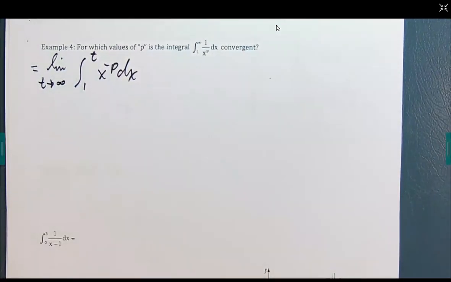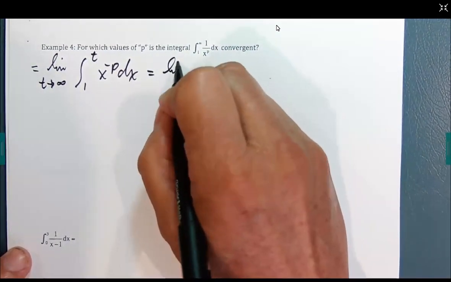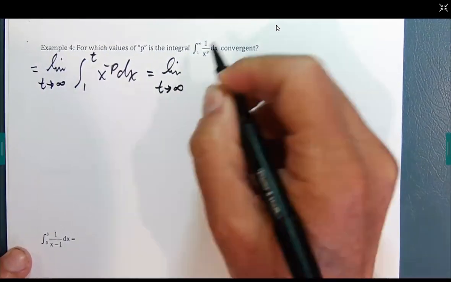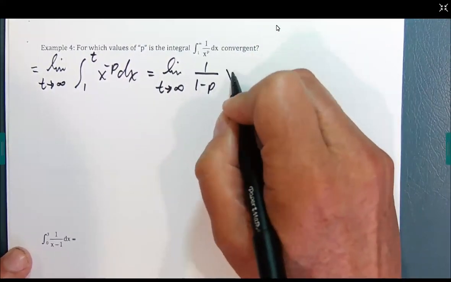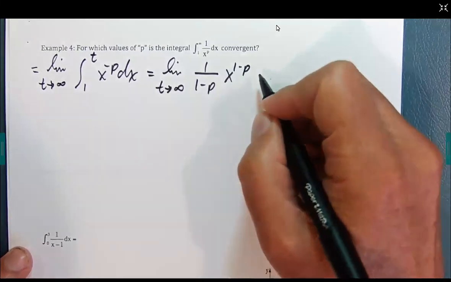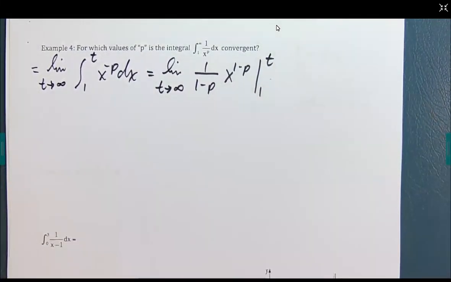Now, p is going to be a constant, a specific number. And we haven't even specified whether it needs to be an integer, or can it be a fraction or decimal and things like that. The reality is it can be any real number. Let's integrate it, treating p like a real number. And we have to be careful.